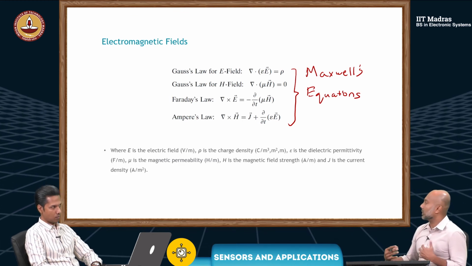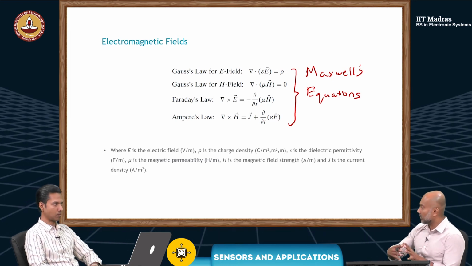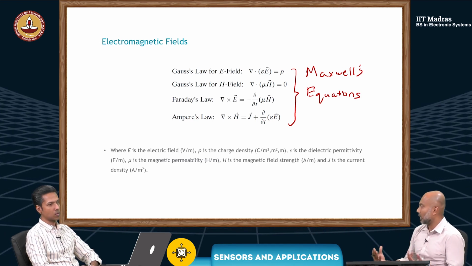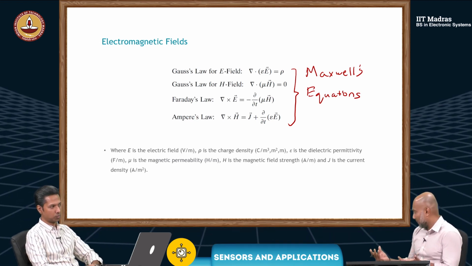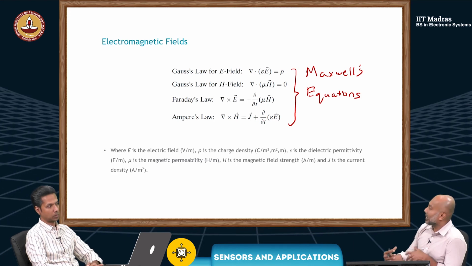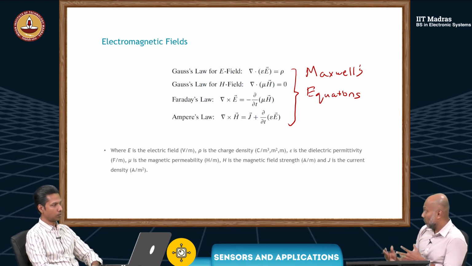That means if the material has certain magnetic or electric properties, these properties are the same throughout that material, homogeneous, isotropic. So in the next few slides, we assume that the media is homogeneous.